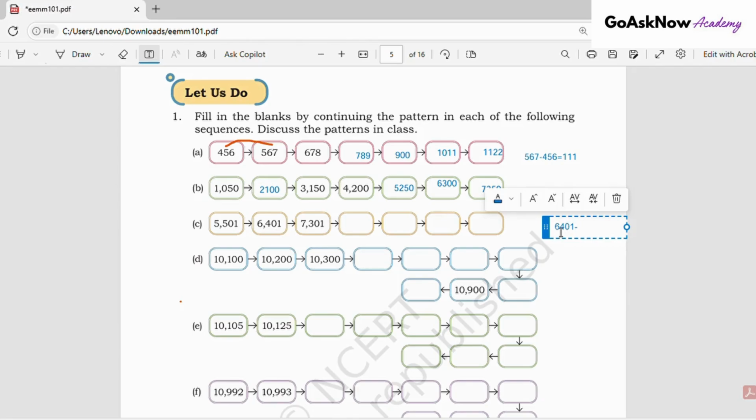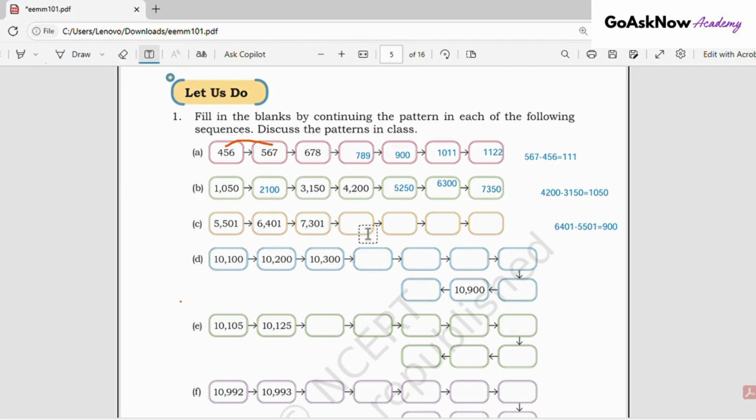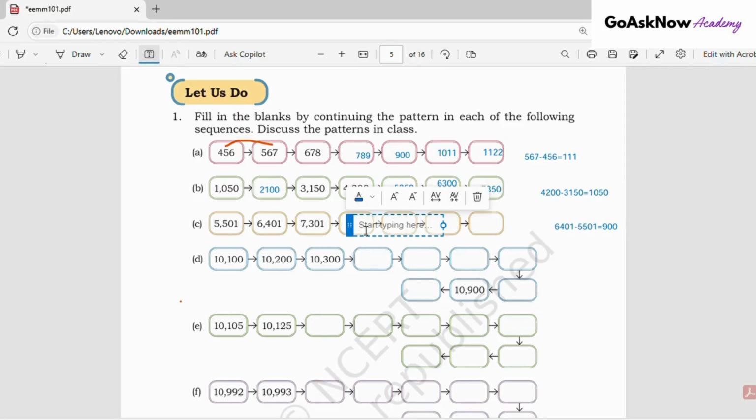6,401 minus 5,051 equal to 900. We have to add 900 for the values. 7,301 plus 900 is equal to 8,201.